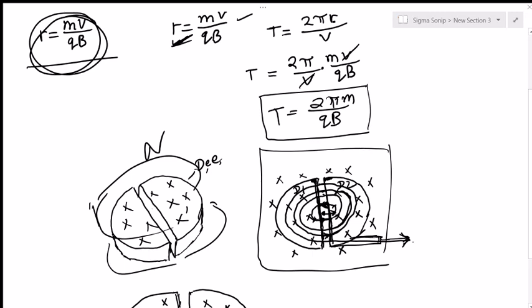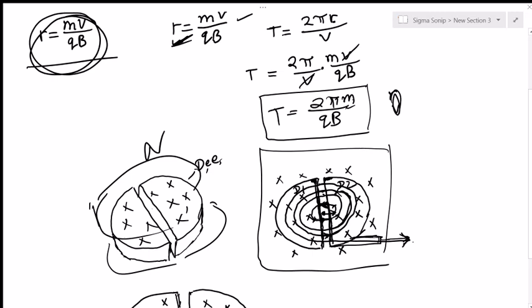So we see that the time it takes the particle to complete one circle does not depend on the radius, and it does not depend on the velocity. Once you have your particle selected, m and q of the particle are constant, and B is a constant. We are not changing B, so the time the particle takes to complete one circle around this cyclotron is constant, no matter where the particle is going.